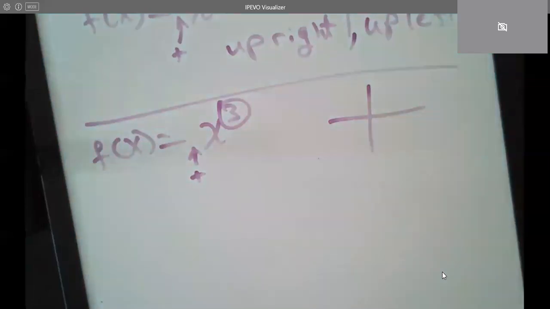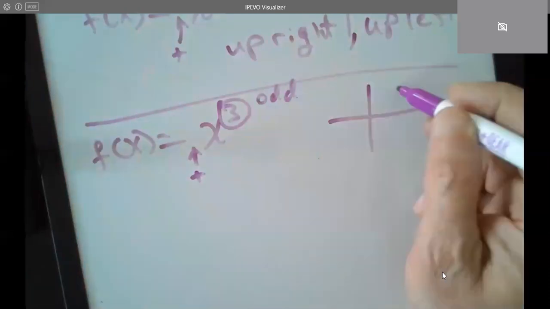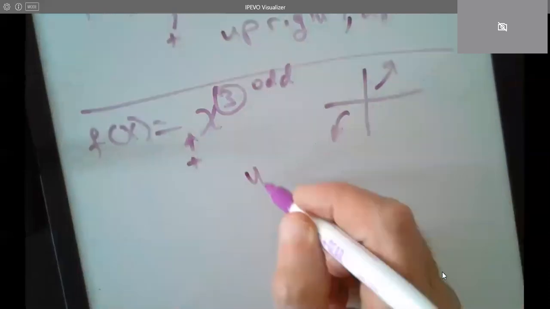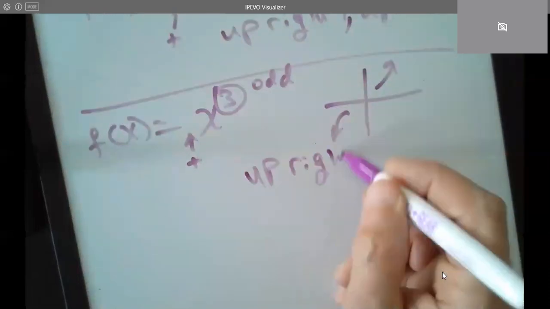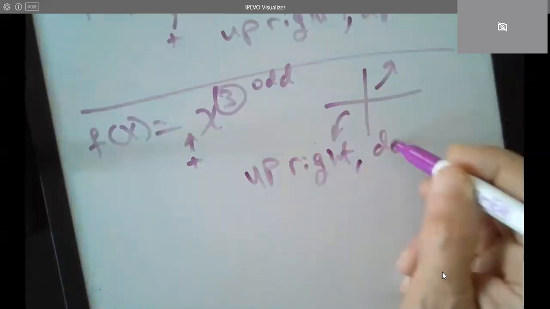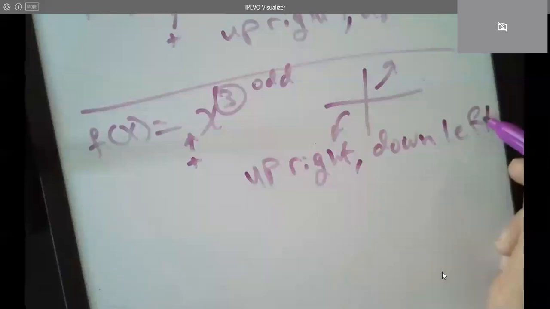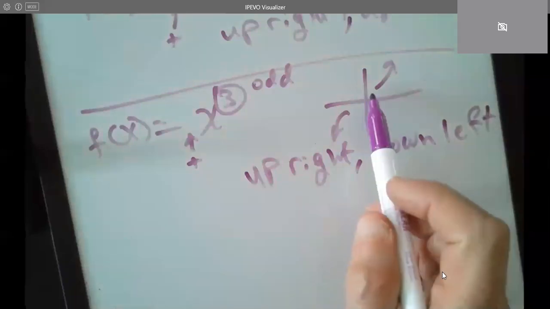Odd would be like 1, 3, 5. So it's odd. So it'd be up, right, down, left. So the end behavior is up, right, down, left. So you're going to see diagrams like this on the homework. All right.